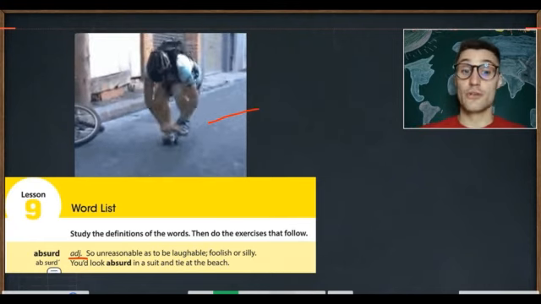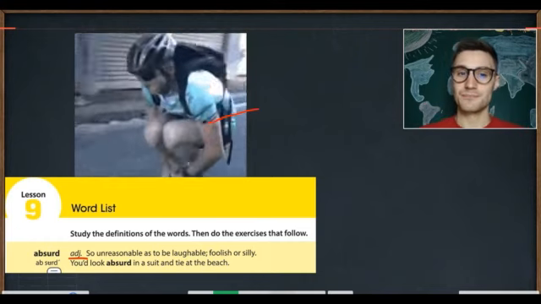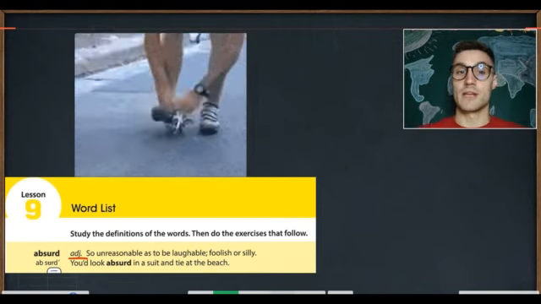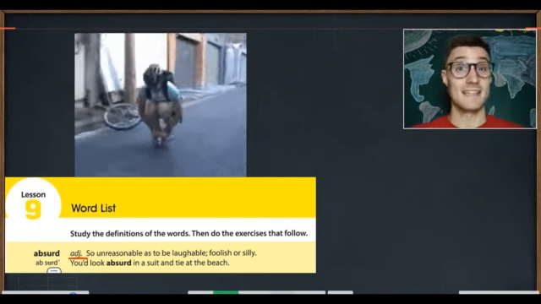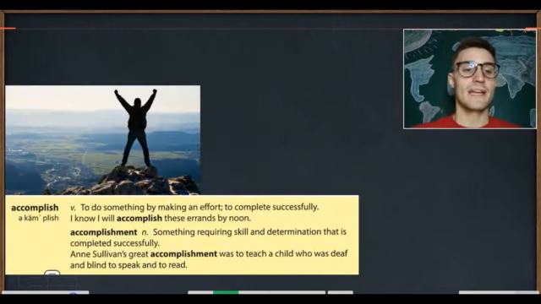You'd look absurd in a suit and tie at the beach, right? Give me one more example of something which is absurd. This is absurd.